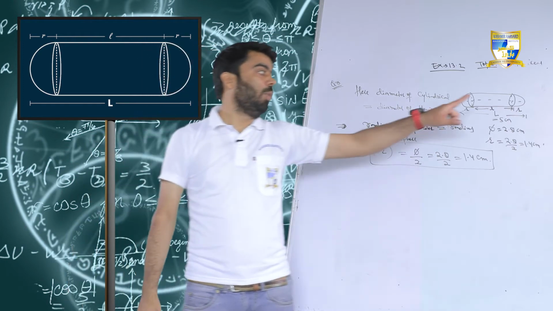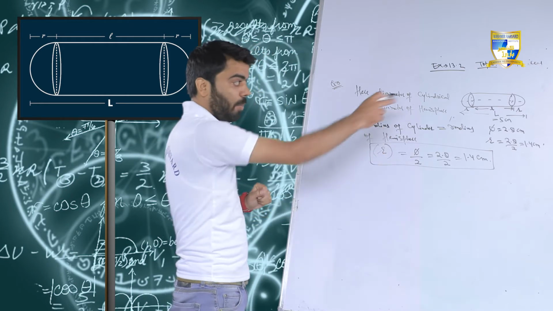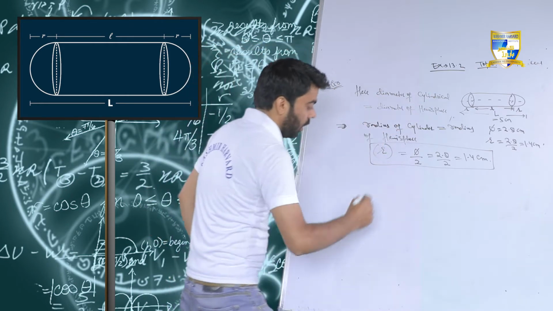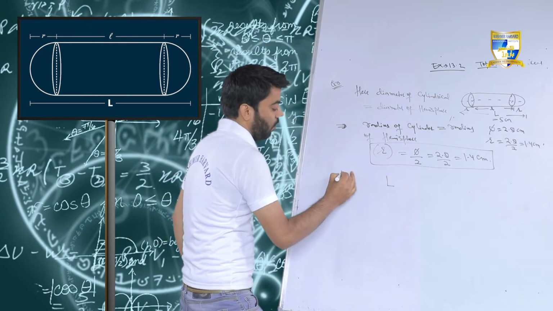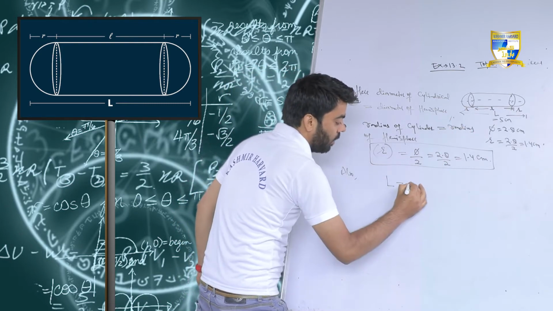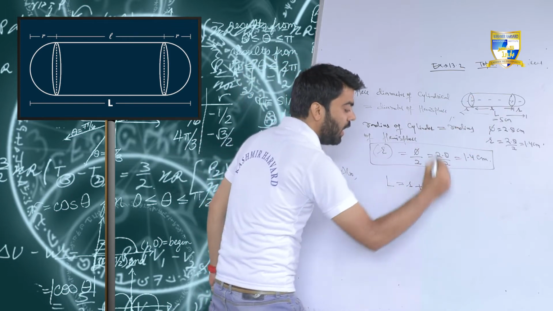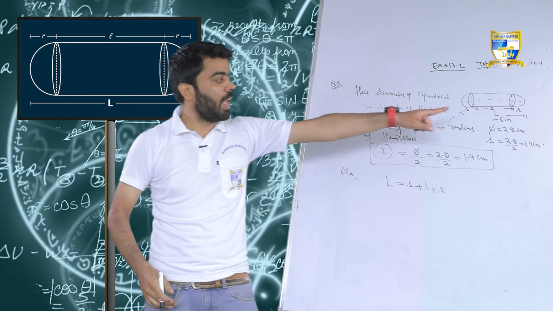Now let us calculate the value of l, which is the length of the cylindrical part. From the figure we can say that capital L is equal to r plus l plus again r. It's simple from your diagram, right?